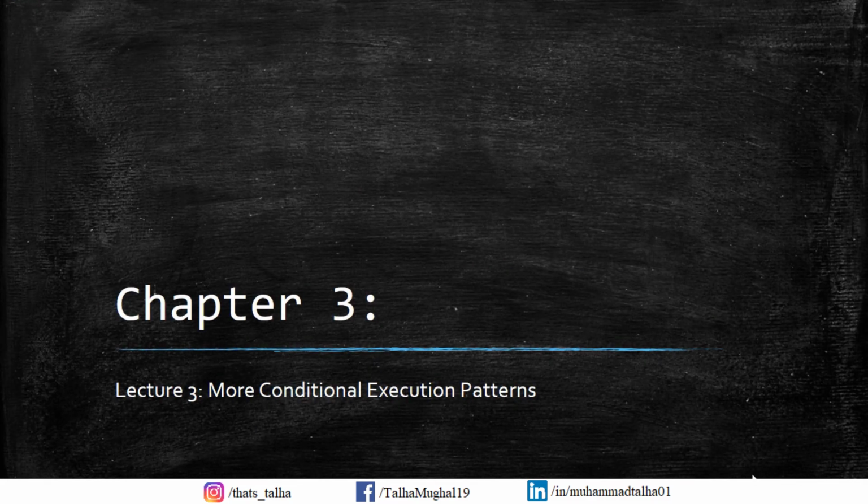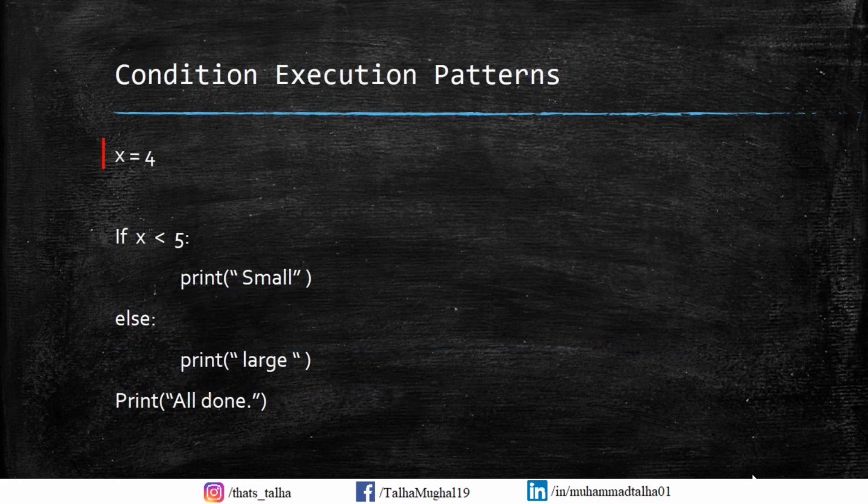We have more conditional execution patterns, which means there are multiple types of patterns in which we can use our conditional statements. For example, in the first line, I have assigned a value of 4 to the variable x, and in the next line, I have defined a condition which shows x is less than 5.